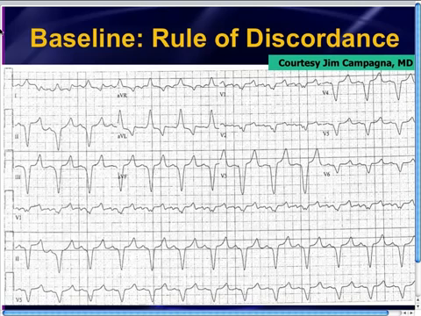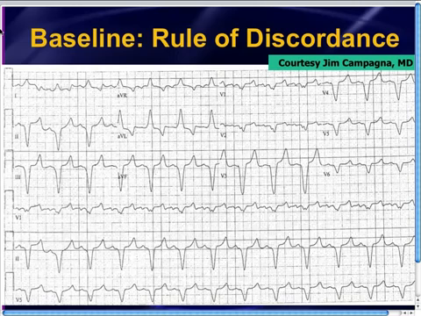So anyway, let's first of all talk about what you normally expect to see on a pacemaker. There is something that we like to refer to as the rule of appropriate discordance. And everything I'm about to say is the same type of stuff that we talk about with regards to reading cardiac ischemia or infarction in the presence of a left bundle branch block.